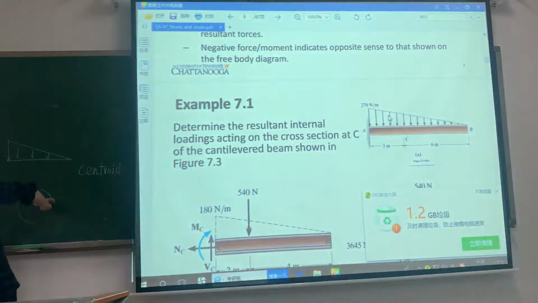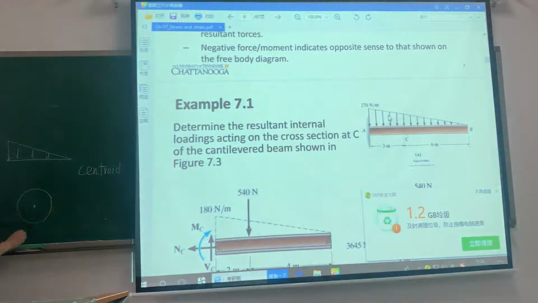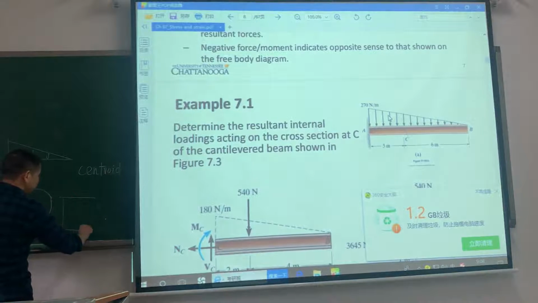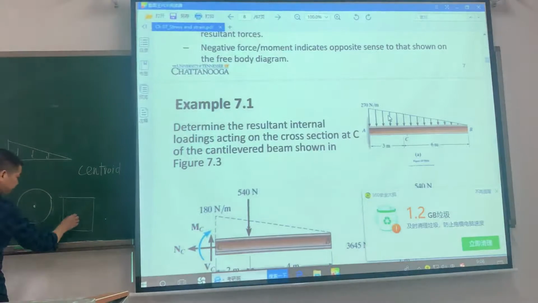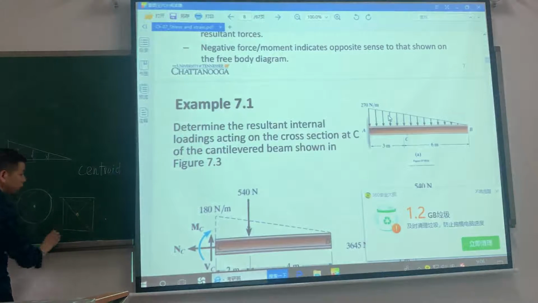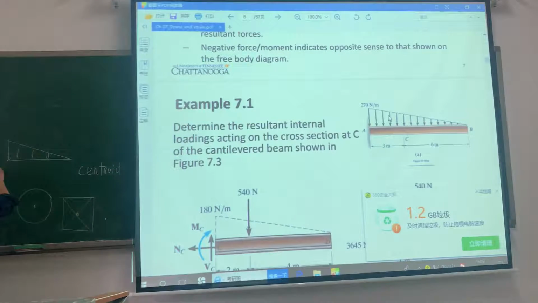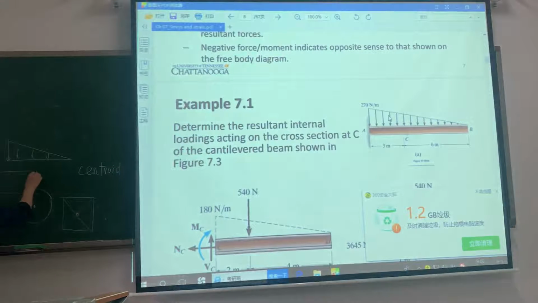For a square, it's the centroid. For a rectangle, it's the centroid.